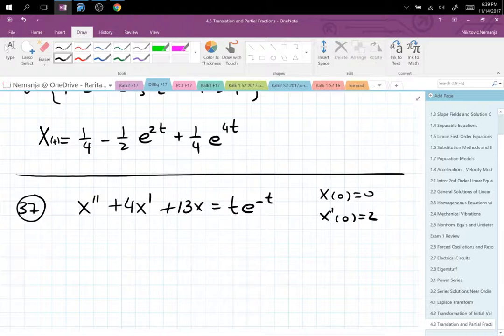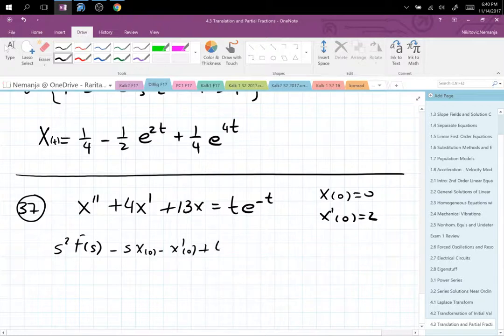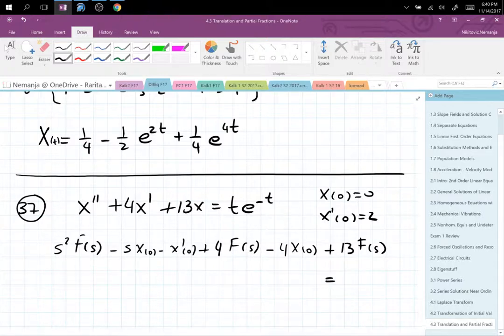S squared f of s, this should say capital X of s, minus s x of 0 minus x prime of 0, plus 4 f of s minus 4 x of 0 plus 13 f of s equals, and now we do the transform.